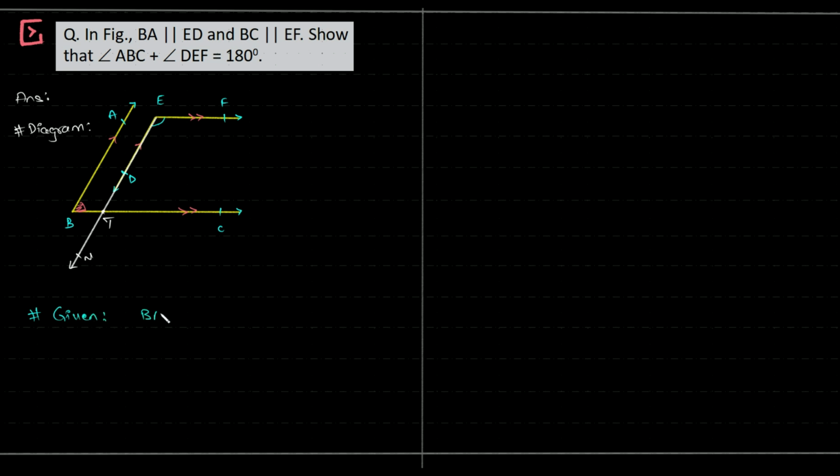So we have BA being parallel to ED, BC parallel to EF, and we have to prove angle ABC plus angle DEF is equal to 180 degrees.